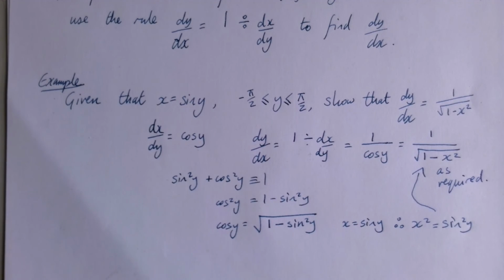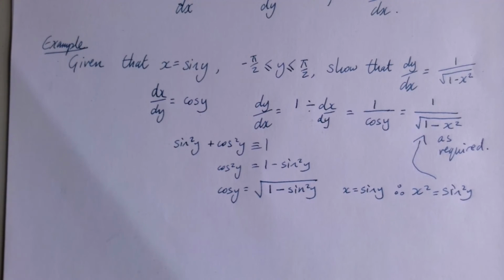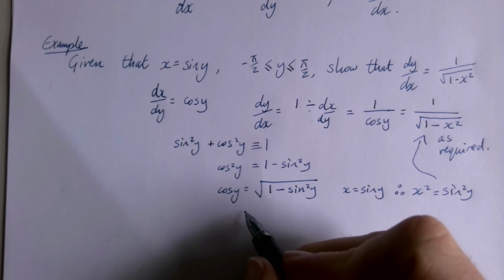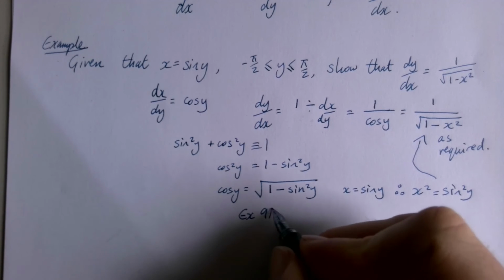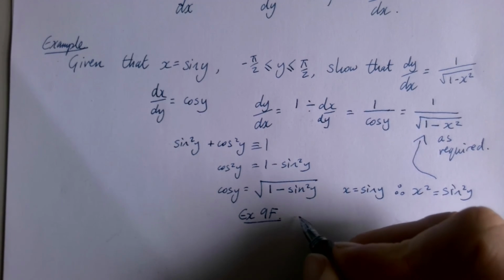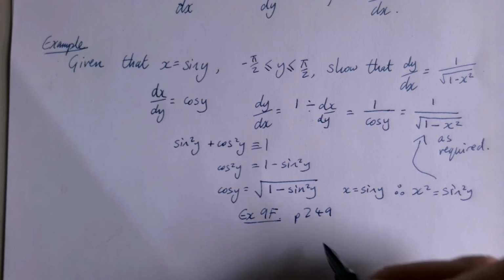And that's all I'm going to show you for today. I'd like you to spend a fair bit of time though working through the questions. First of all, if you didn't have a chance to do all of questions 1 and 2, I think that would be worthwhile. This is on page 249, exercise 9F.